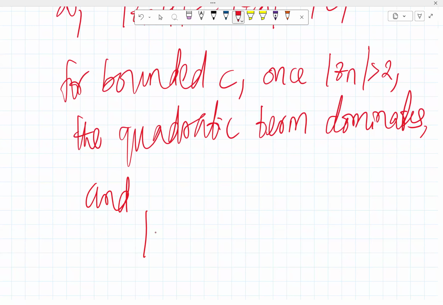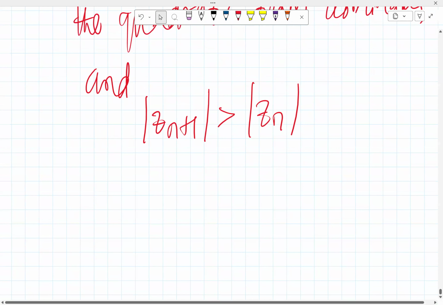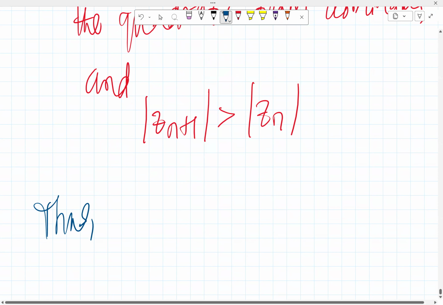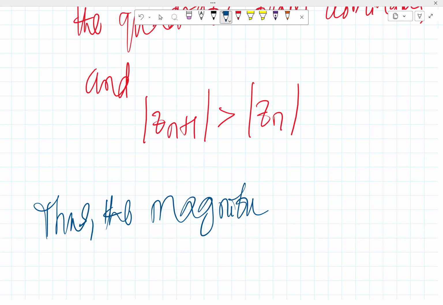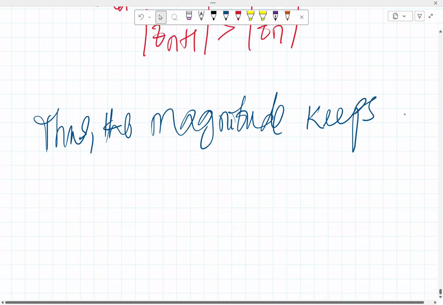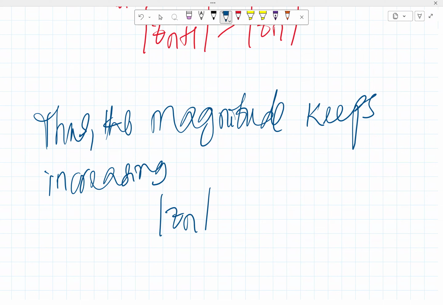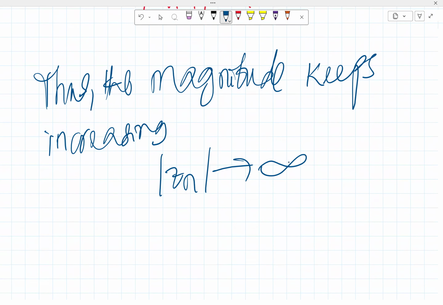And that would mean that the absolute value of Zn plus 1 will be greater than the absolute value of Zn. Thus the magnitude keeps increasing, such that the absolute value of Zn approaches infinity.